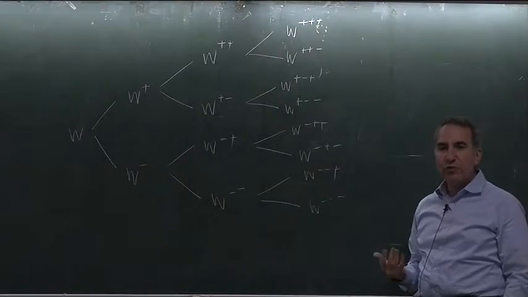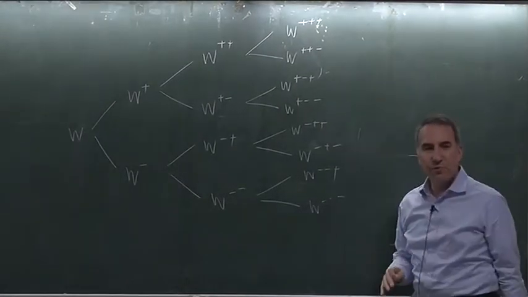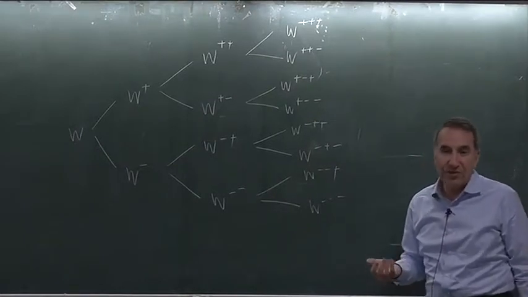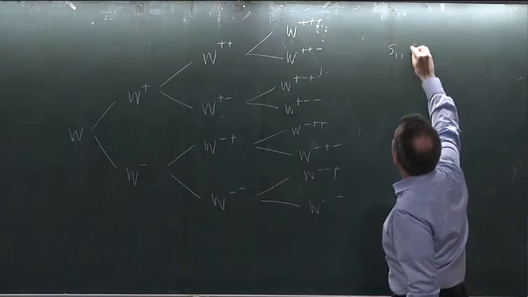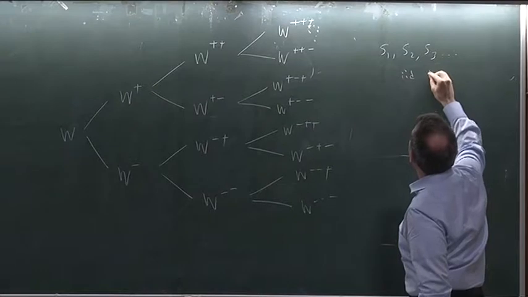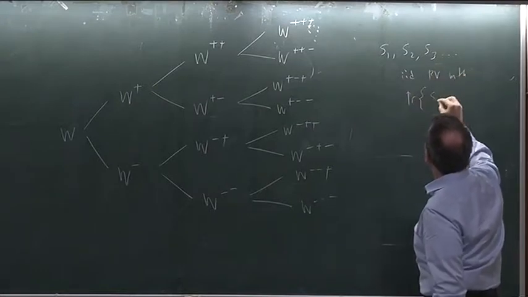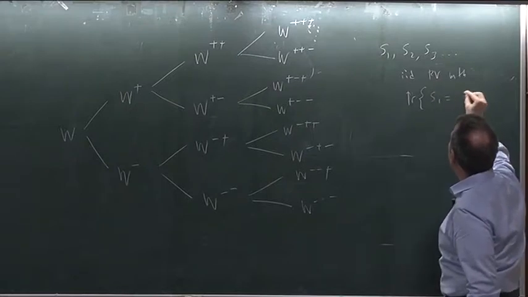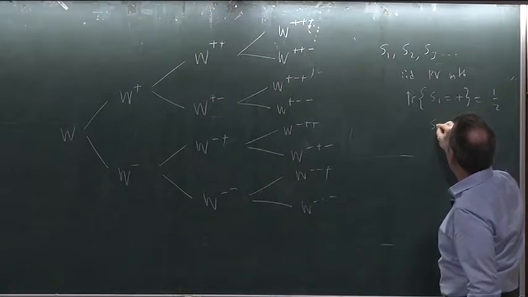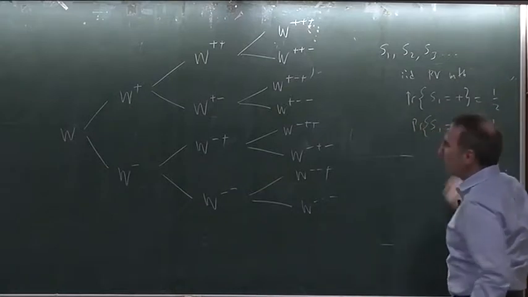I can think of these plus minus choices as being indexed by, let's say, S. Okay. So the S1 up to SI are IID random variables with probability that each SI is equal to plus is equal to half, and the probability that SI is equal to minus is equal to half.